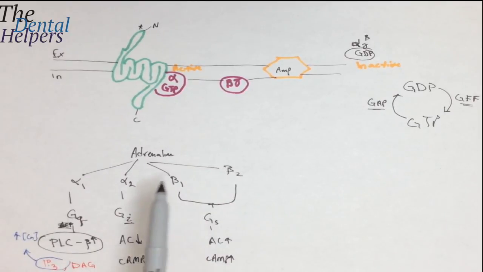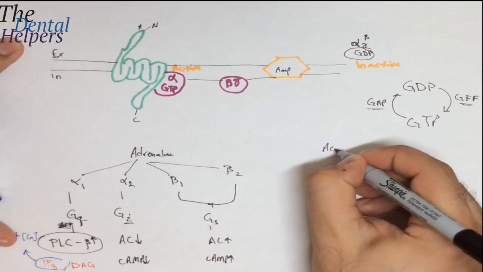Well, these pathways are going to allow for either stimulation or inhibition in terms of your adrenaline and noradrenaline. Another pathway we also have is the acetylcholine pathway.